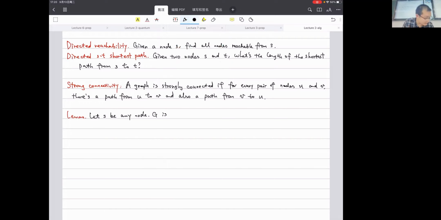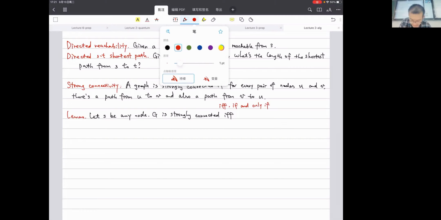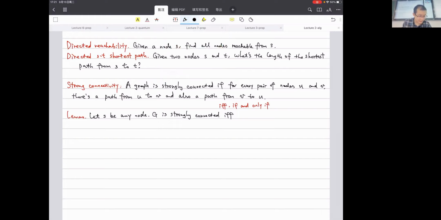Then G is strongly connected if and only if every node is reachable from S and S is reachable from any node. In this class we write IFF for if and only if, which is a standard abbreviation, like WLOG for without loss of generality. This is something standard that we use throughout proofs.